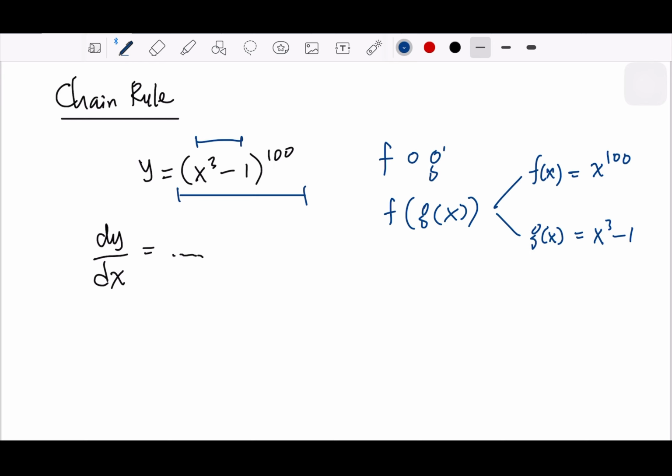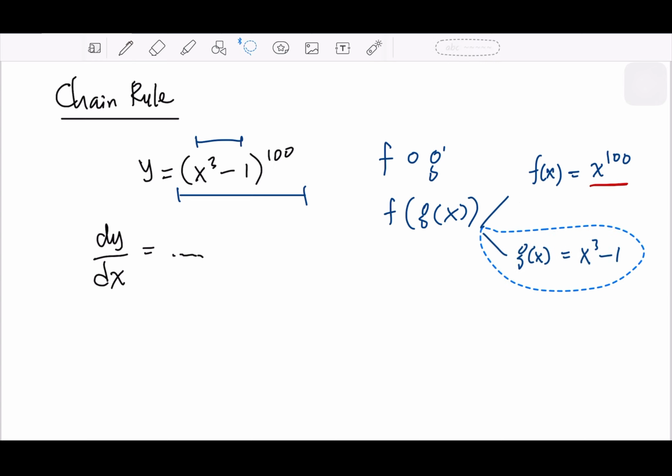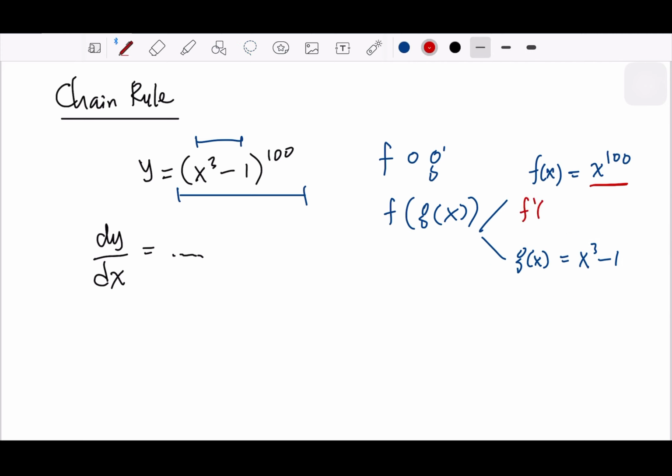Now the idea here, using the chain rule, means we need to differentiate the outside function first. So f prime of x is 100 x^99, and g prime of x is 3x squared.